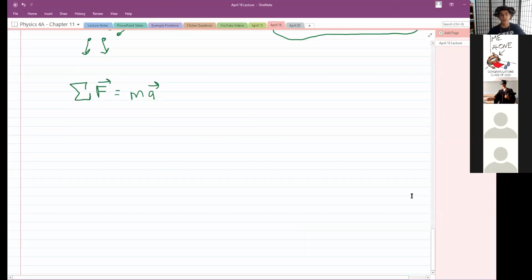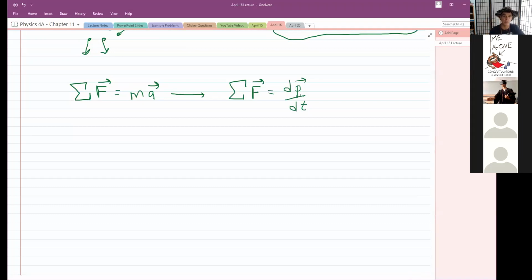Okay, so the answer is the way that Newton actually published his second law is the sum of the forces equals the change in momentum with respect to time. Now, these two are equivalent if the mass of an object is constant. So keep in mind, momentum is defined as mass times velocity.